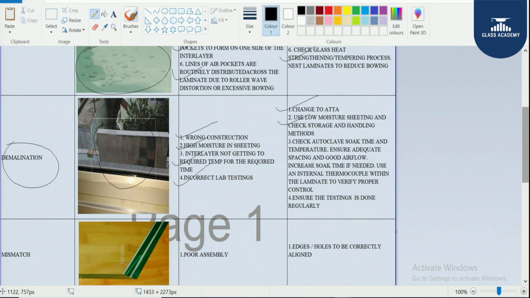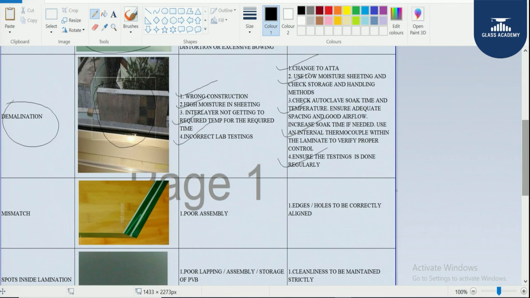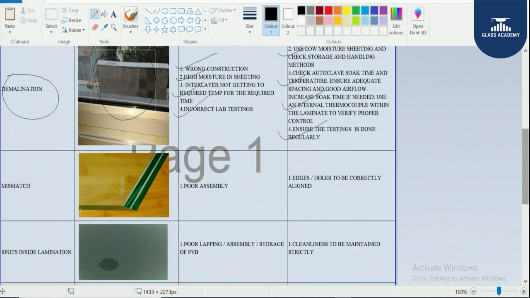Check autoclave soak time and temperature. Ensure adequate spacing and good airflow. Increase soak time if needed. Use an internal thermocouple within the laminate to verify proper control. Ensure the testing is done regularly. Through the lamination test, bake test or boil test, we should ensure that the process parameters are always maintained.